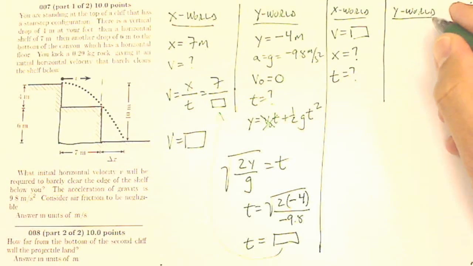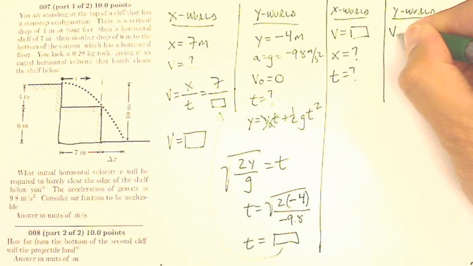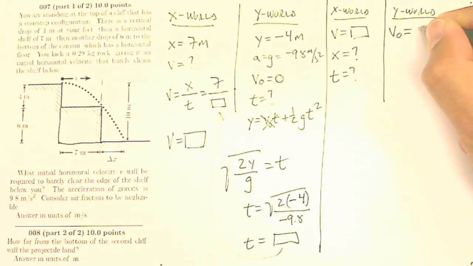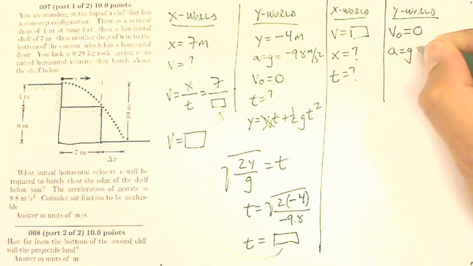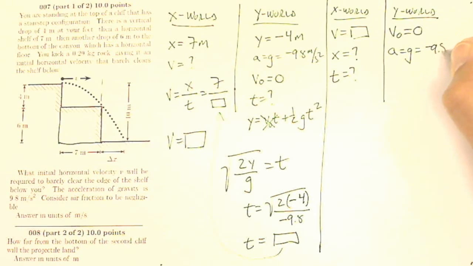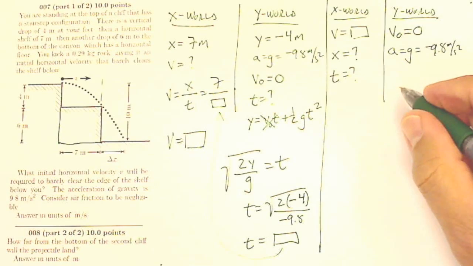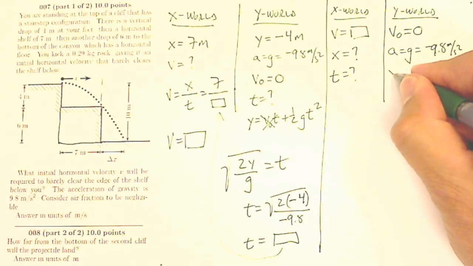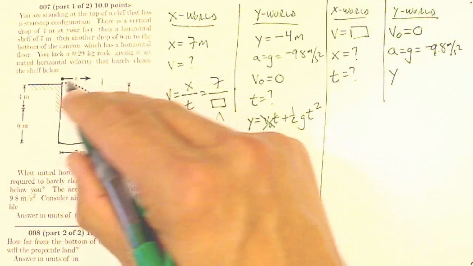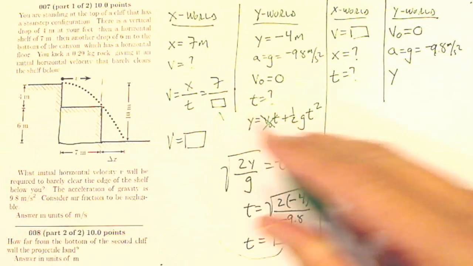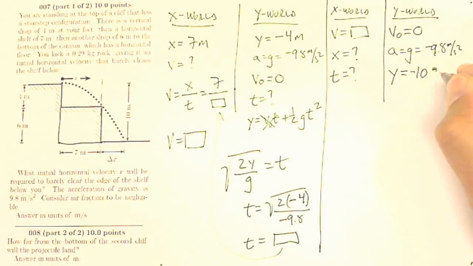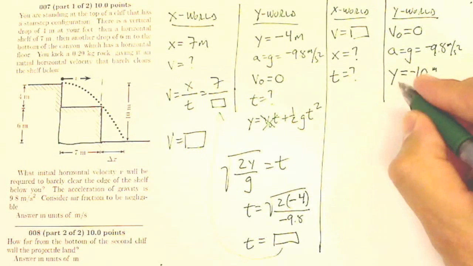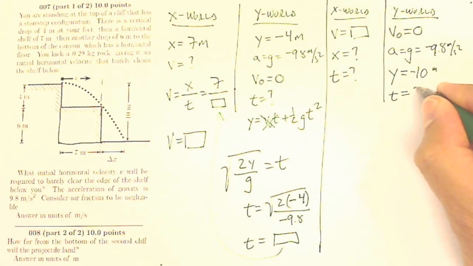In my y world, I know that my initial velocity at the very tippity top is going to be 0. I know that my acceleration is g, negative 9.8 meters per second squared. I know that my displacement when I fall from the top all the way to the bottom is going to be 4 plus 6. So that's going to be negative 10 meters. And then I can figure out my time from over here.